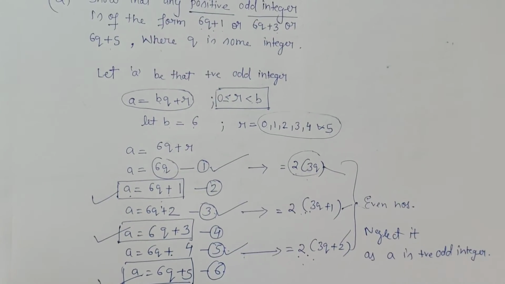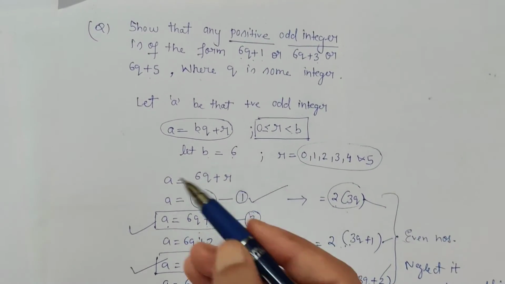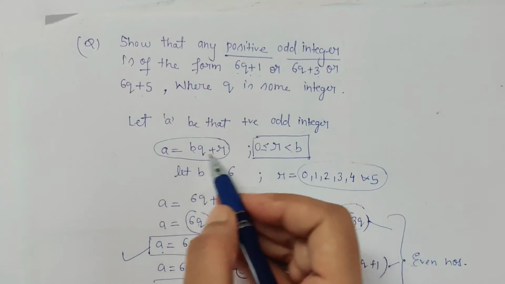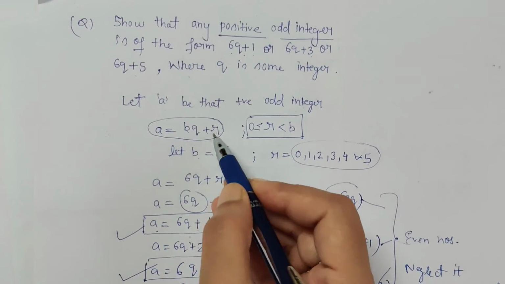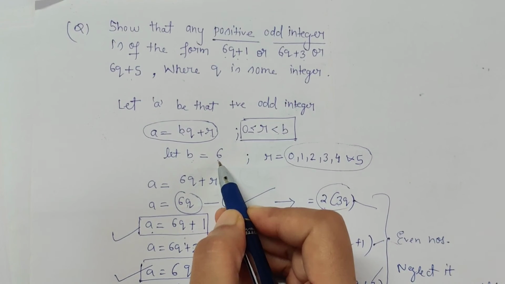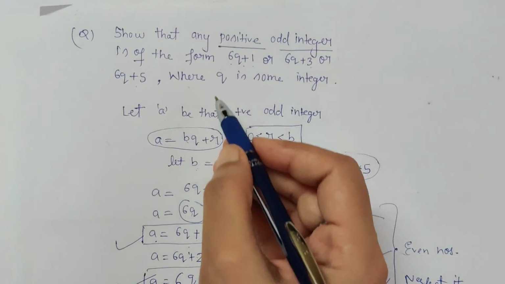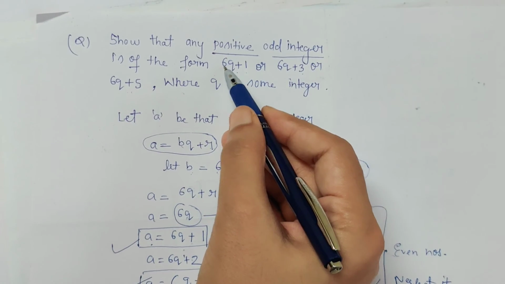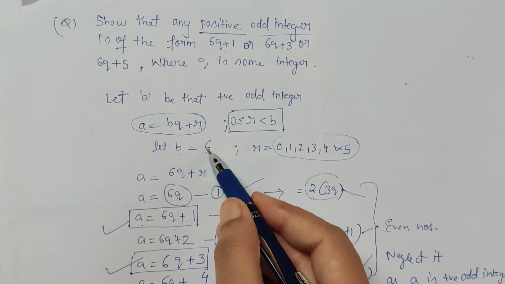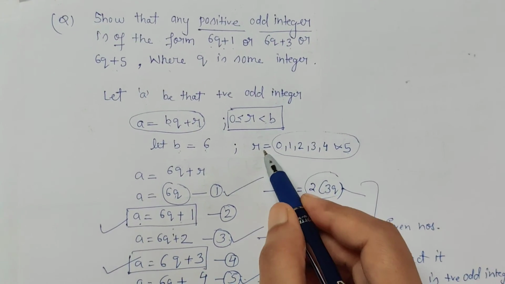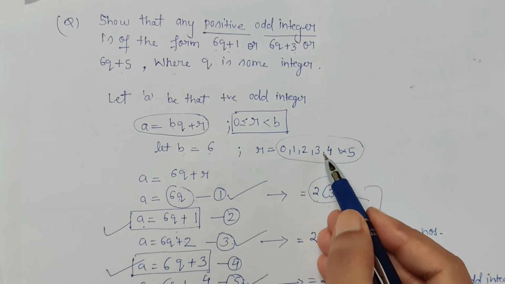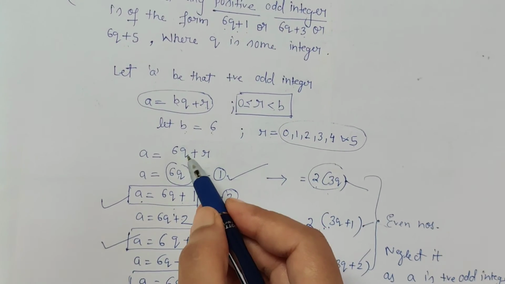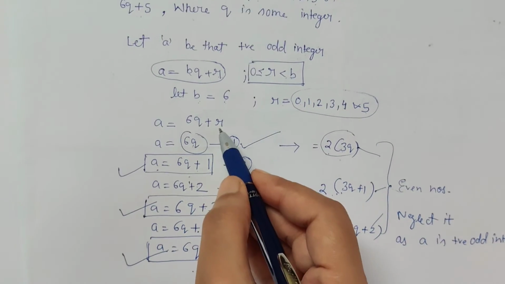I hope the steps are clear. We simply assumed a as a positive odd integer and wrote the Euclid division lemma, and assumed b as 6. We got a hint of it from the question itself, bq plus r. In the place of b we can assume 6, and corresponding to 6 the possible values for r are 0, 1, 2, 3, 4 and 5. Then simply substitute all the values in the Euclid division lemma, 6q plus r.